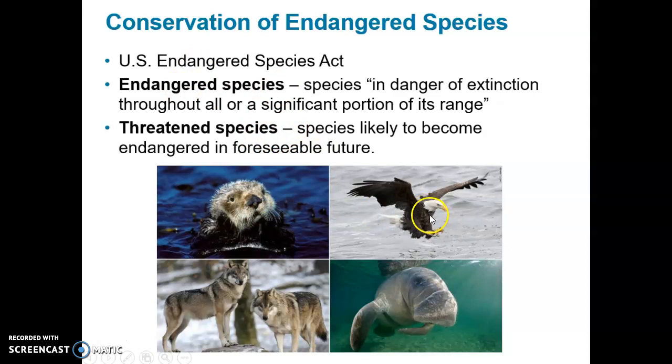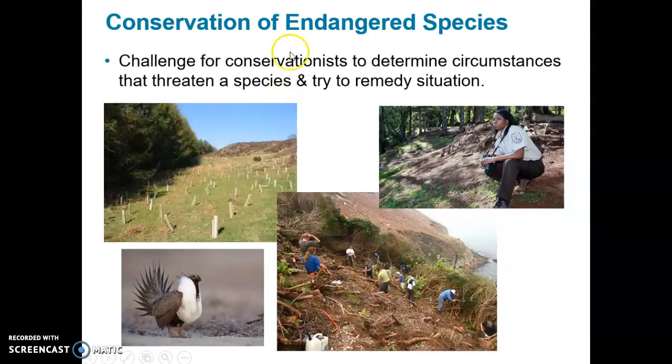The otters and the eagles and the wolves and the manatees, their numbers have bounced back quite a bit through conservation efforts. So the challenge for conservationists is to determine the specific circumstances that threaten a species or species and then try to figure out how to remedy the situation.